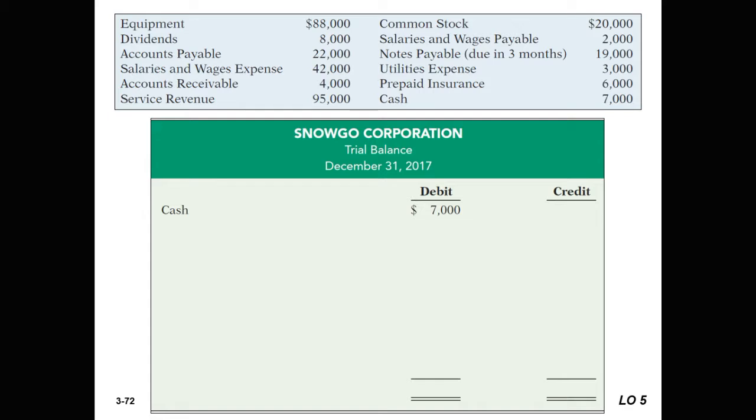We then move to the next liquid asset. And looking at this account listing, that would be accounts receivable. That should convert to cash relatively quickly. These are amounts that customers or others owe us. So we represent accounts receivable at $4,000.